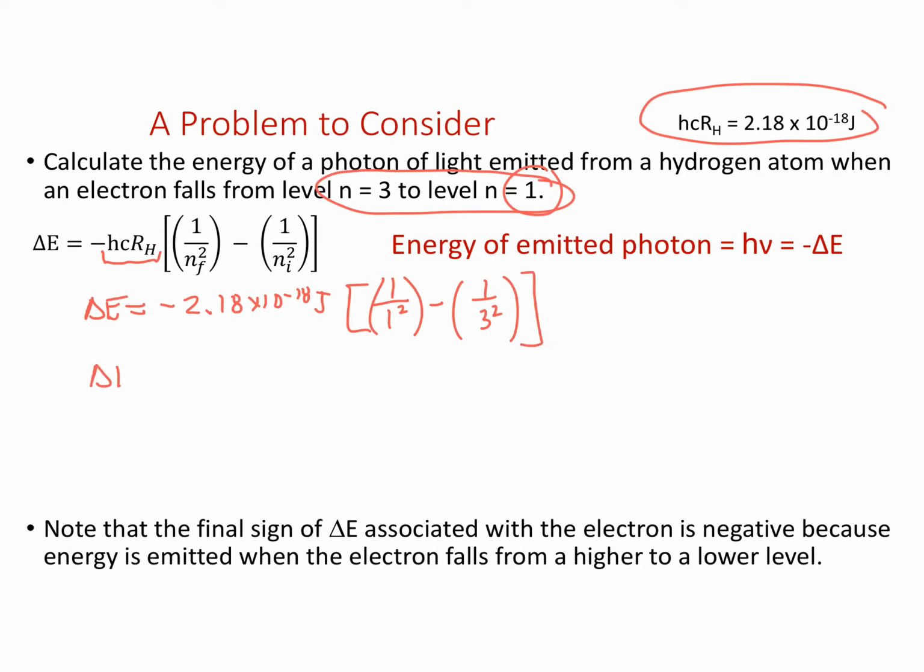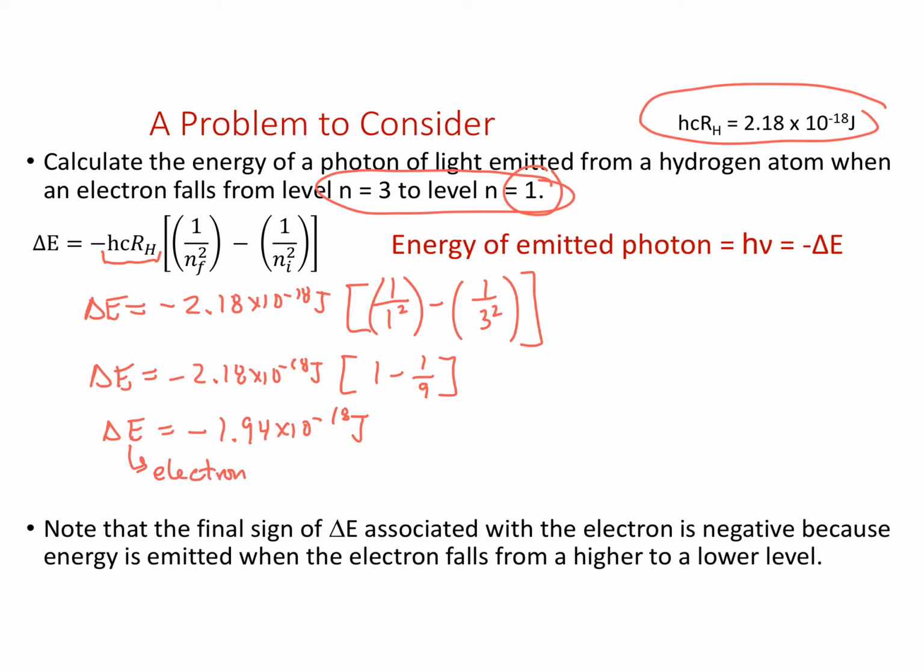So my change in energy for that transition equals negative 2.18 times 10 to the minus 18 joules times 1 minus 1/9. So I do that subtraction and multiply. My change in energy equals negative 1.94 times 10 to the minus 18 joules. And this is important. This is the energy of the electron.